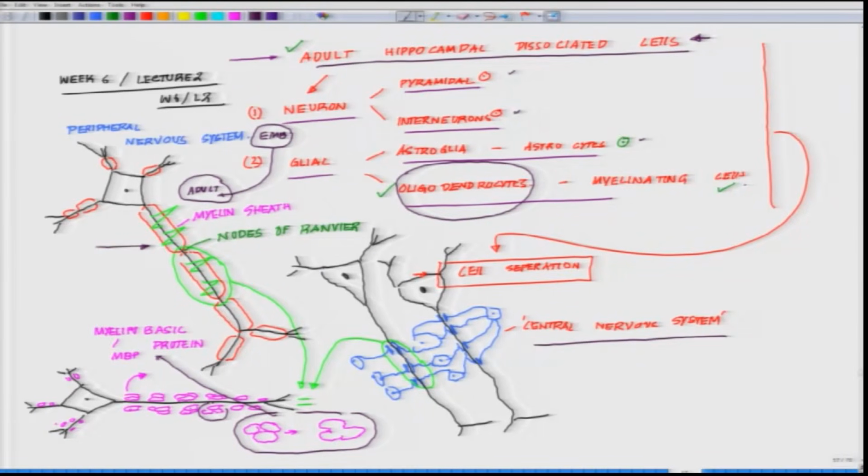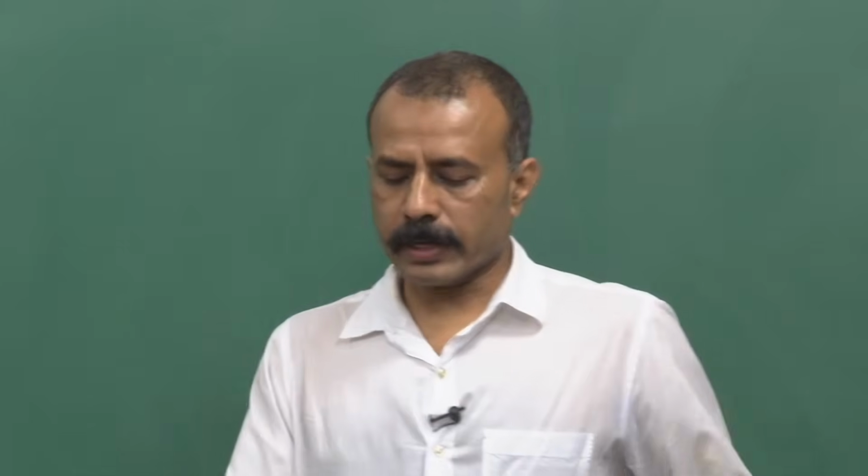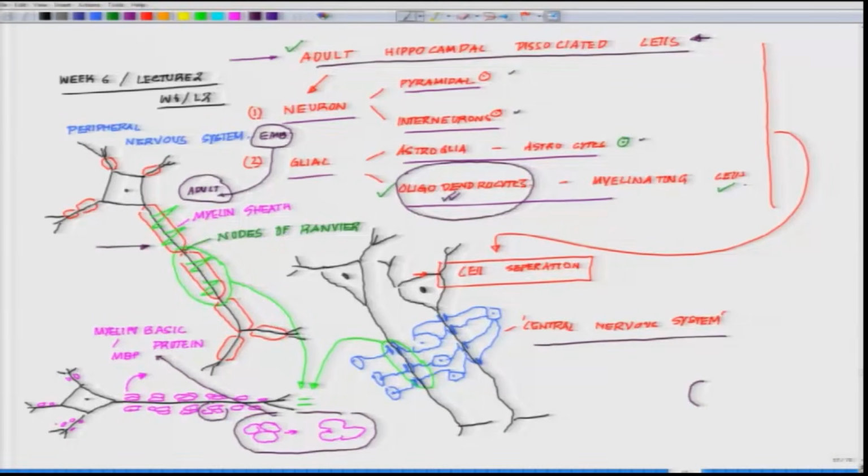In the central nervous system, the myelination is carried out by oligodendrocyte, and the way oligodendrocyte works is that oligodendrocyte cells resemble something like this. Initially they look like this, and then they send out processes like this, multiple processes in multiple directions, very multipolar cells.